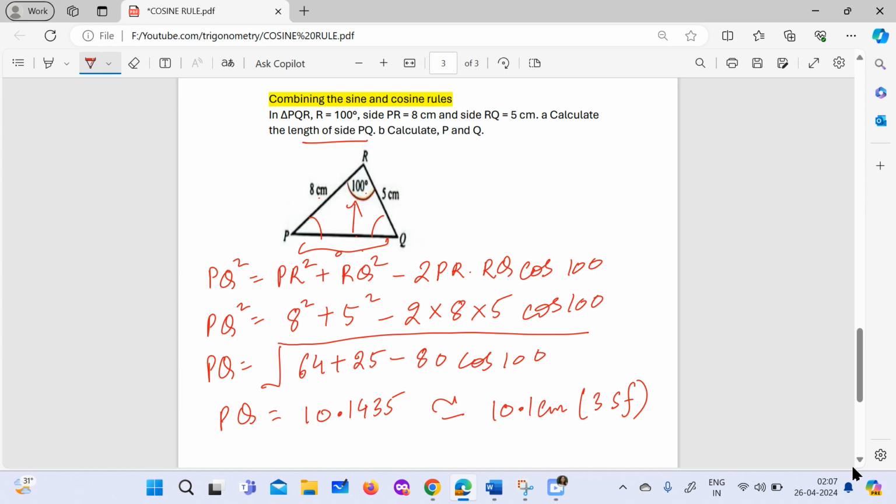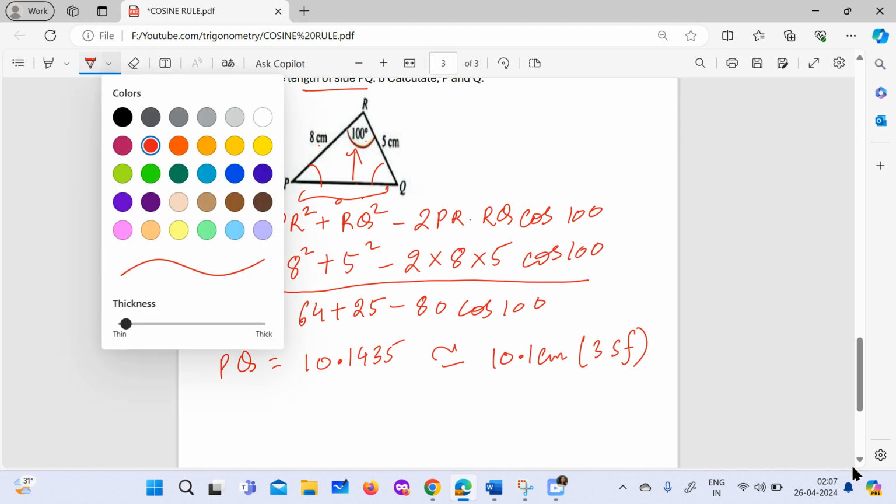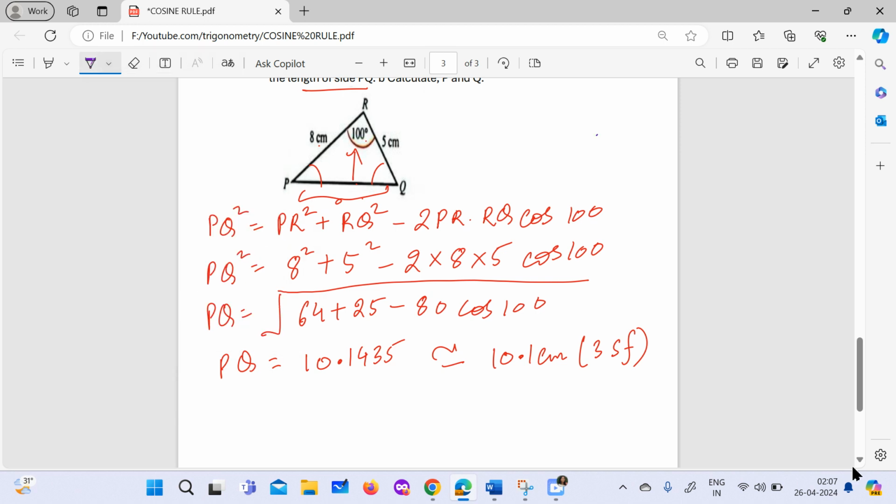So sine P over 5 equals sine Q over 8, which is equal to sine 100 over 10.1435.